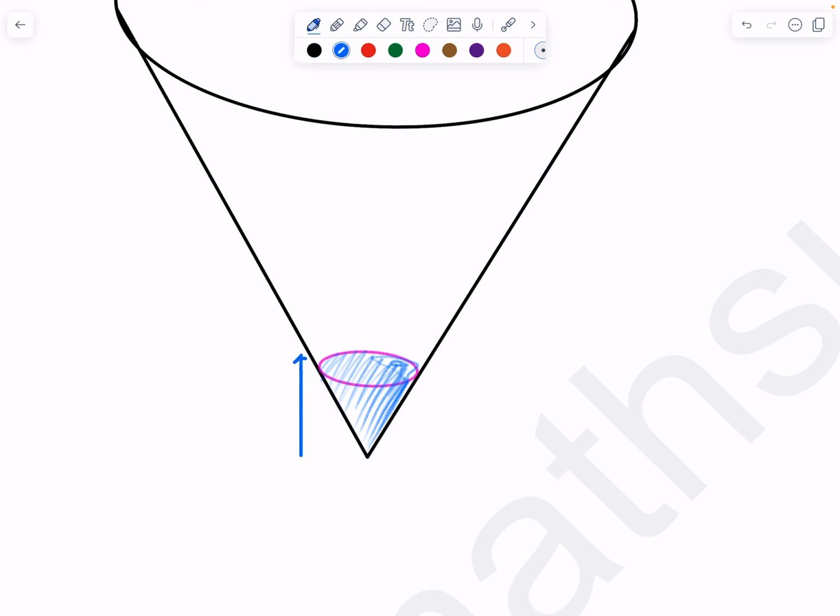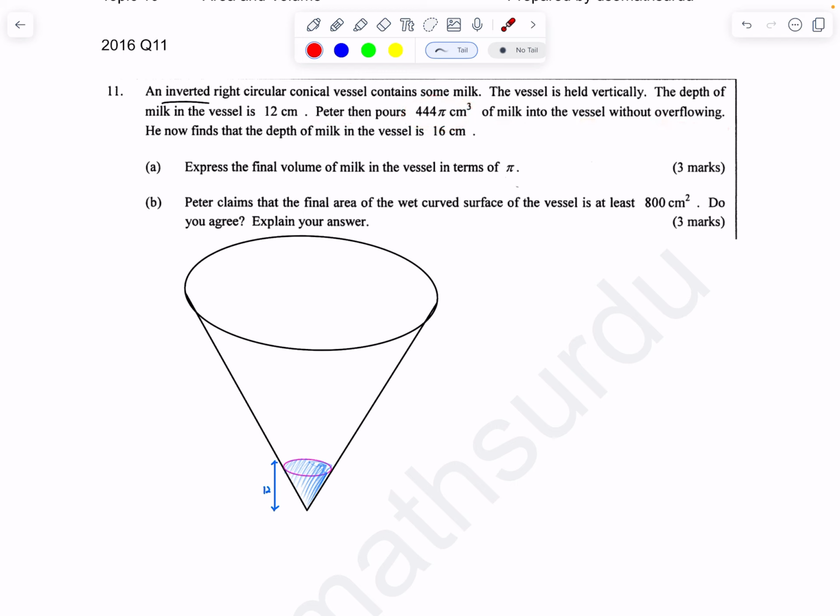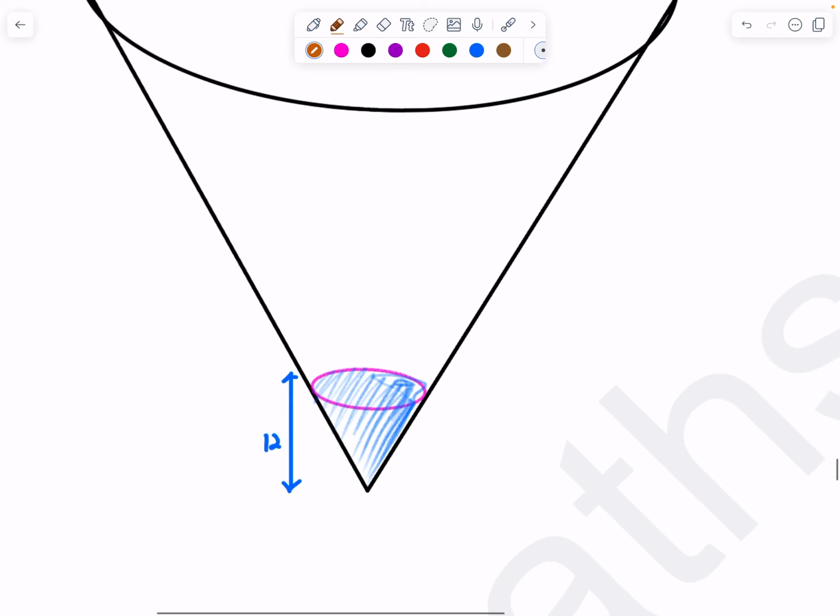And then what happens? Peter then pours more of the milk into the vessel without overflowing. So Peter is now so naughty. He's putting more of the milk in it. Now we don't know until how much, right? So we just know a little bit part of it. So maybe the next moment he comes, okay, it's until here.